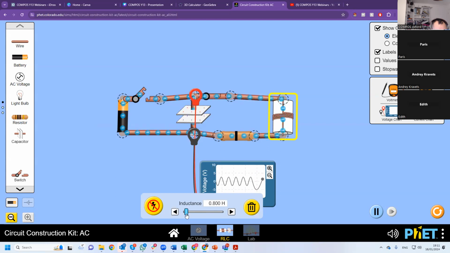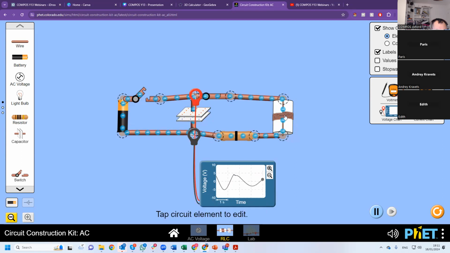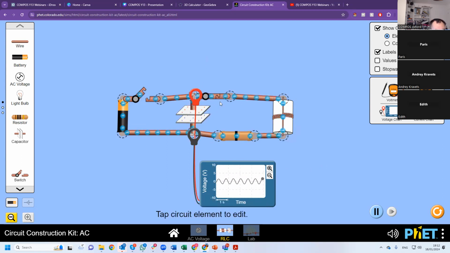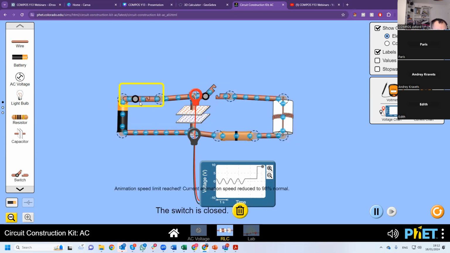Is that low enough? Let's make it 1 Henry and lower the capacitance. No, actually, I want to raise the capacitance and lower the inductance. Still not good enough. Lower the capacitance. Okay, now I'm happy. So I'm going to restart the process.